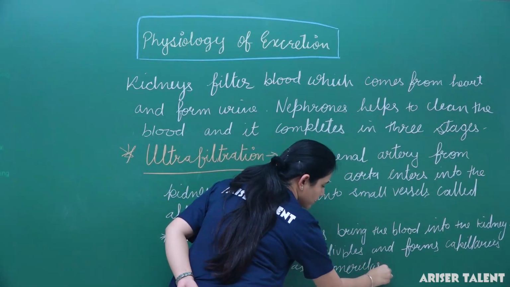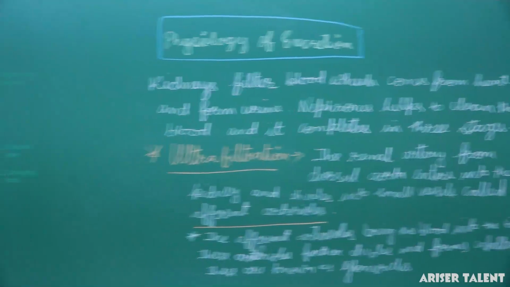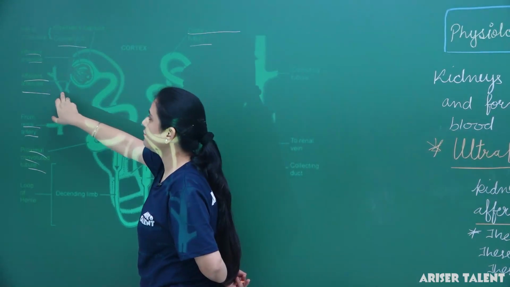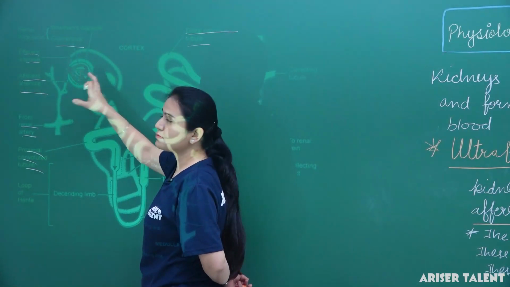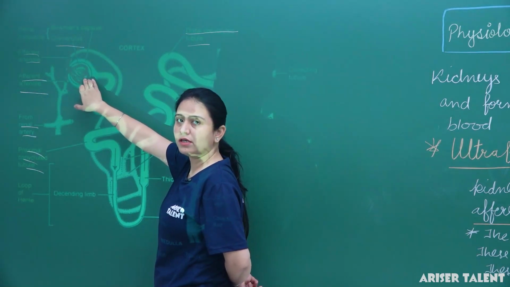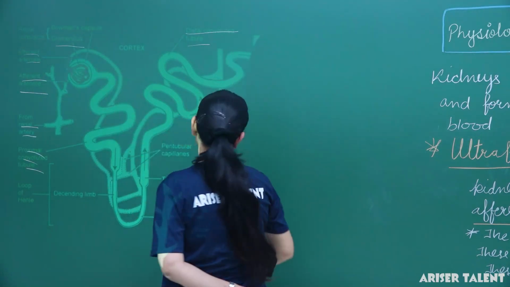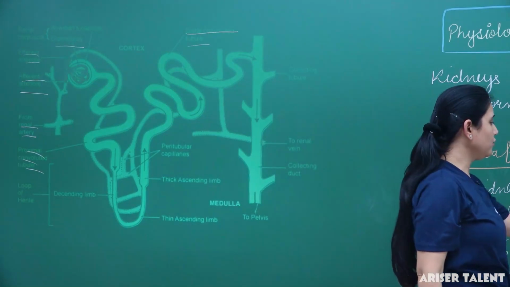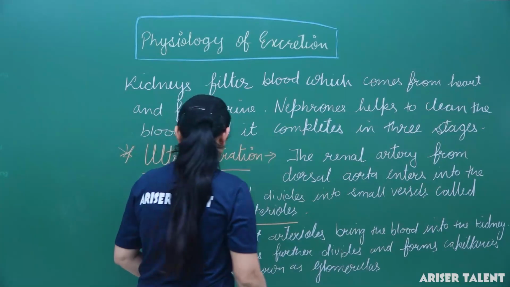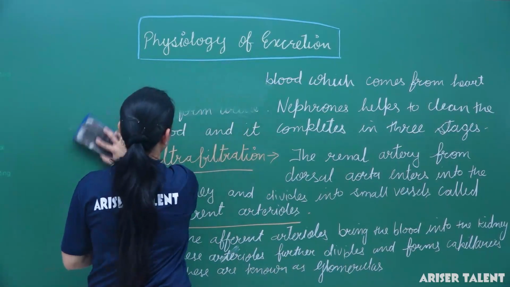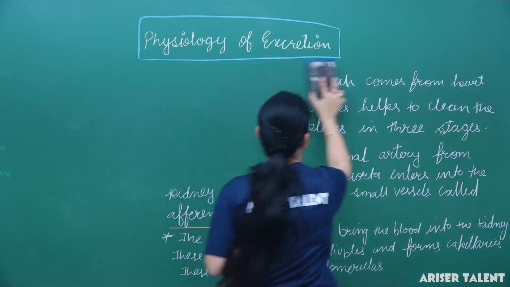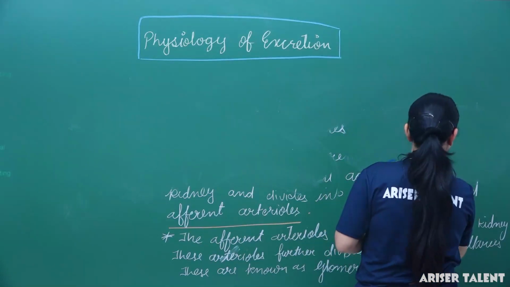Here we can see this is known as glomerulus. This is the network of capillaries. The afferent arteriole goes here into the Bowman's capsule, further divides and forms a network or a chain of capillaries, and these capillaries are generally known as glomerular capillaries or glomerulus. These capillaries form a knot of capillaries.